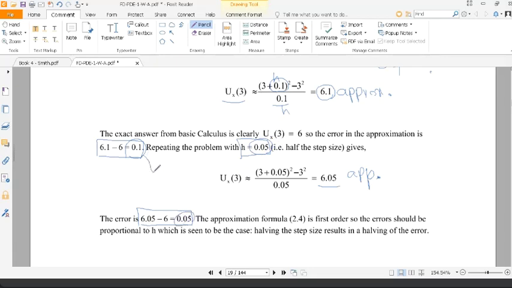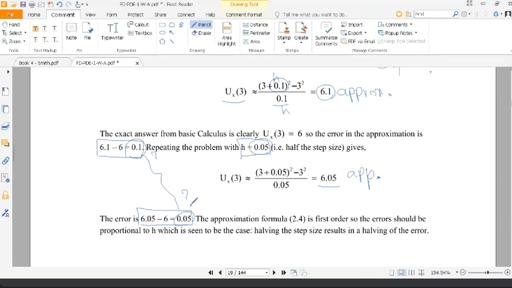Which of them is better? First or second? Which error is better? Second. Yes, the smallest error is the best error, okay? It is very clear that the second h is better for the approximate solution.